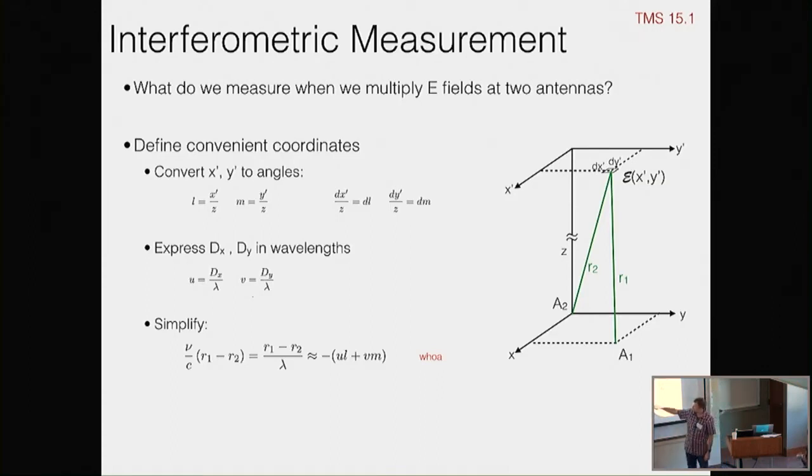And we can also express dx and dy not in meters or centimeters or microns, but in wavelength counts. So we can define u as the antenna separation in wavelengths, and v is the antenna separation in the y direction in wavelengths.